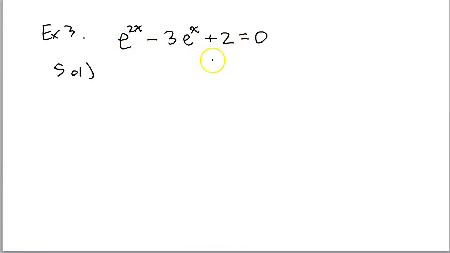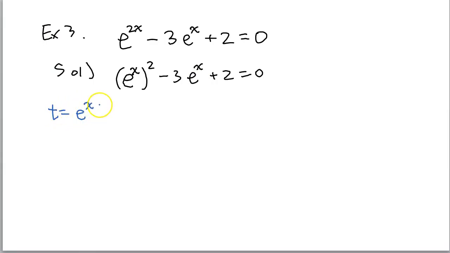At first, it's hard to figure out what to do, but if you remember that e to the 2x is really e to the x squared, then you can see that this equation is a quadratic equation in terms of e to the x. So we can use the change of variable t equals e to the x and rewrite the equation as t squared minus 3t plus 2 equals 0.